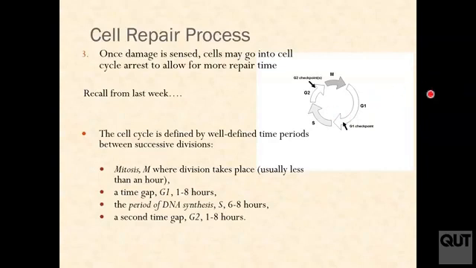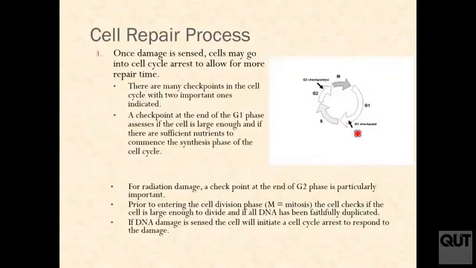So recall from last week, the cell's going through this process here: the mitosis, the G1, the S, and the G2 phase. What will happen is when damage is sensed, the cell cycle will stop to allow for repair. So there's cell cycle arrest.